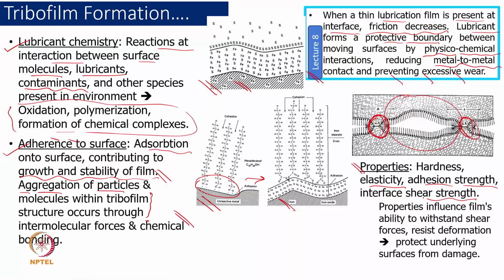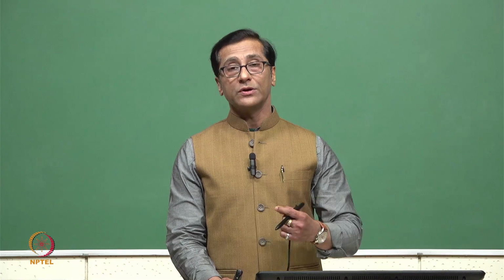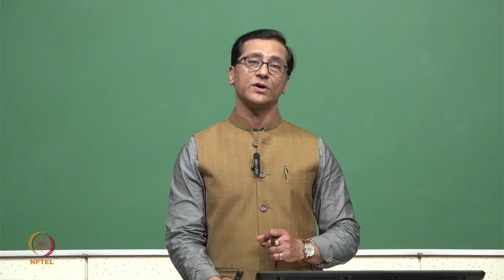However, it should have a minimum interface shear strength to minimize friction. So we have some desirable property requirements from a tribofilm, which is really required to understand, and which we have already covered in a number of lectures, so that we are overall able to make a good surface, good lubrication, good tribofilm formation at the surface.